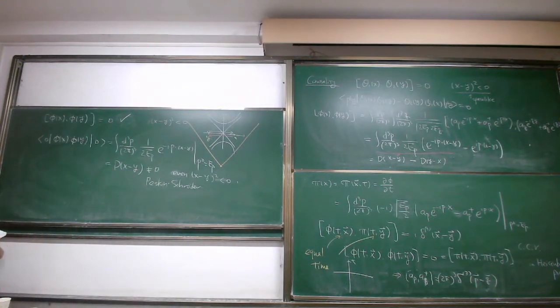So now we introduce the so-called two-point function with time ordering. This is just the two-point function without time ordering.